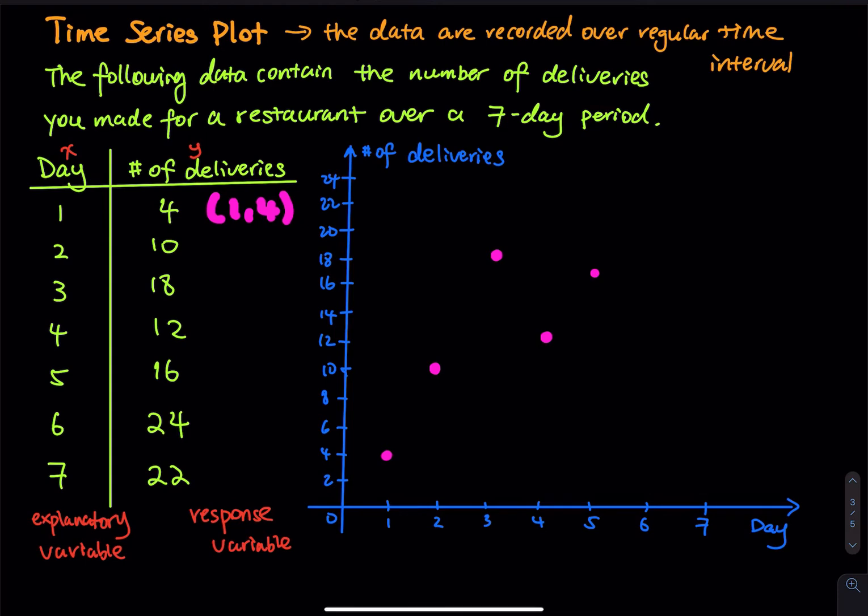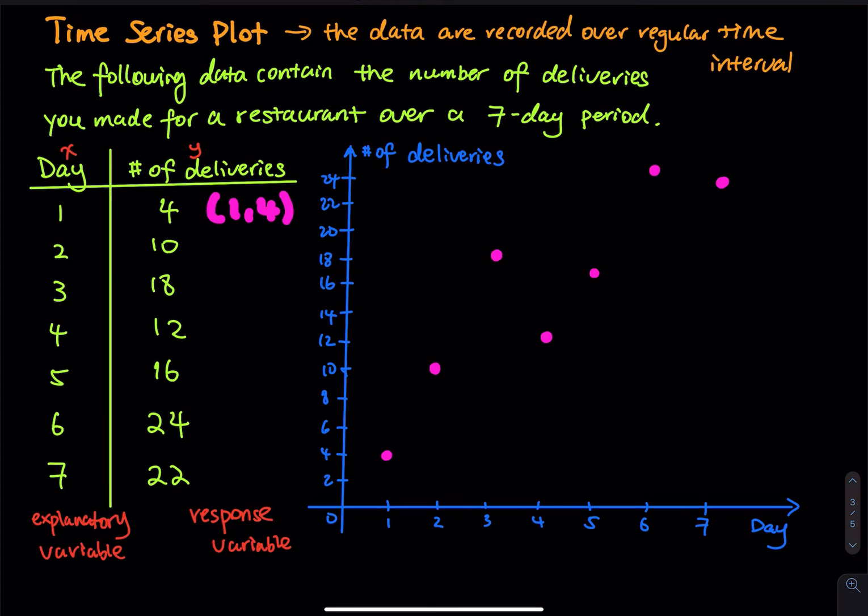And then day 6, x is equal to 6, y is equal to 24. So that is the highest delivery. And then the last day, x is equal to 7, y is equal to 22. And then this is the last dot. So this is called a time series plot.